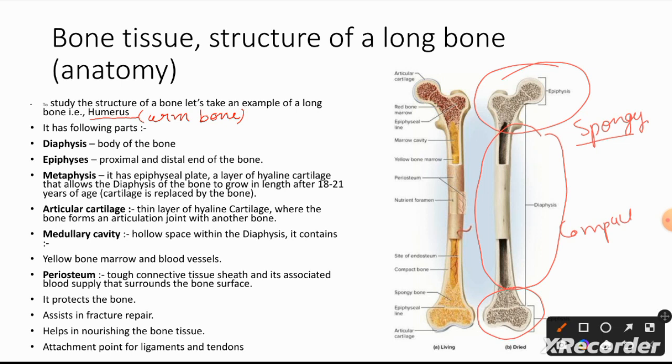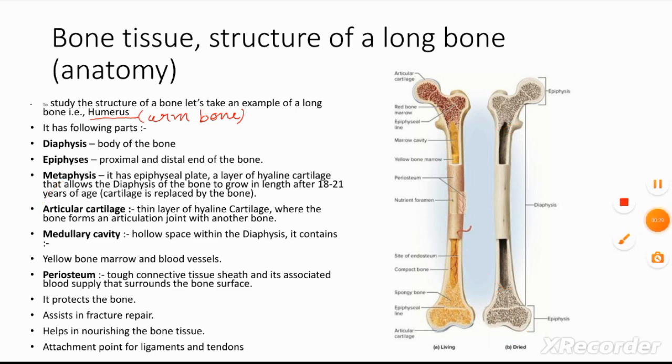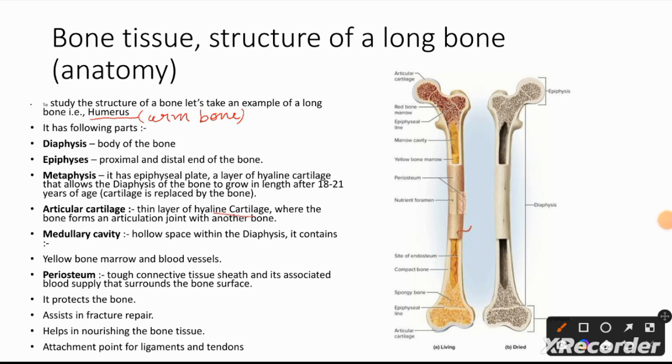Next is articular cartilage. Articular cartilage is a thin layer of hyaline cartilage. Hyaline cartilage is a grey colored film consisting of some amount of collagen.